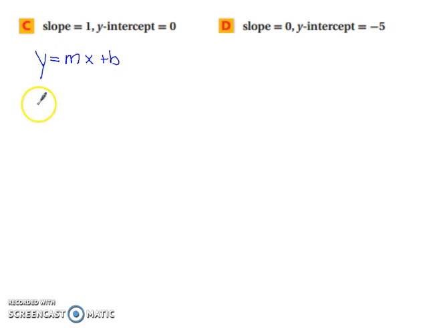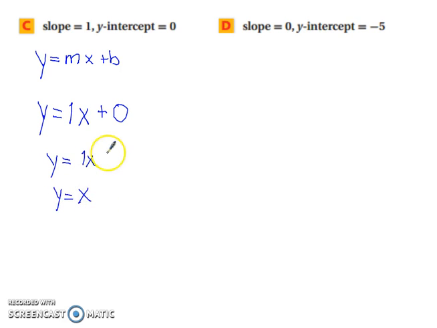Okay, so our slope is 1, so y equals 1x plus 0. We can simplify this to just simply say y equals 1x. If you'd like, you can even drop the coefficient, so y equals x. Either one is acceptable.